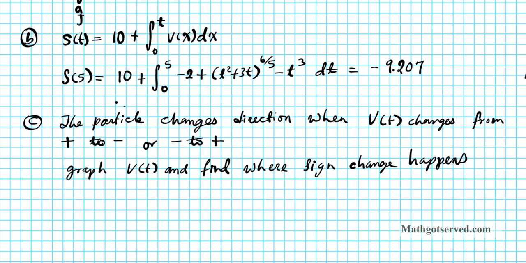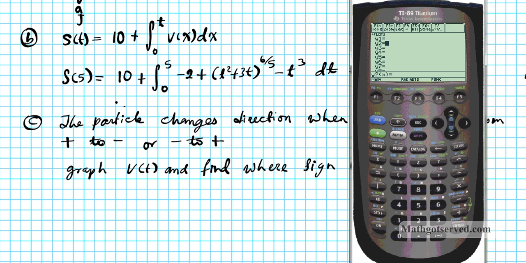Okay, so let's go ahead and graph it in our calculators real quick. So we have the velocity function: negative 2 plus x to the second power plus 3x, raised to the 6 over 5, minus x to the third.